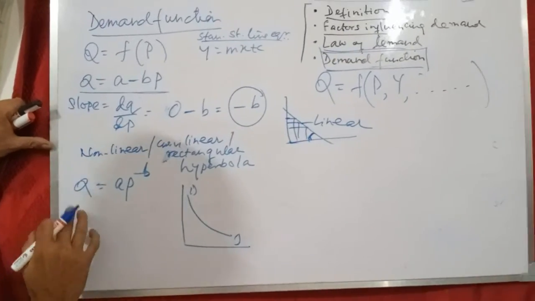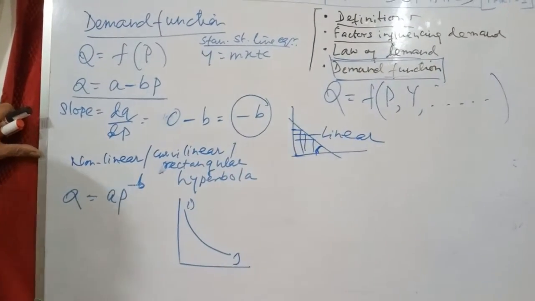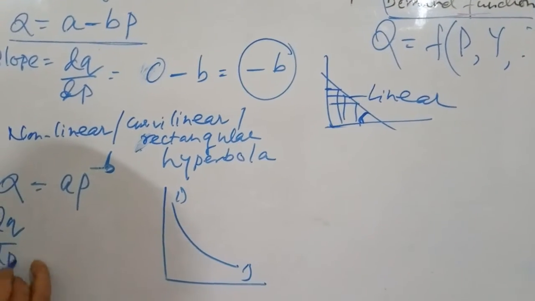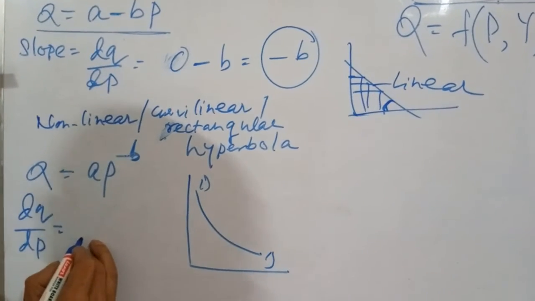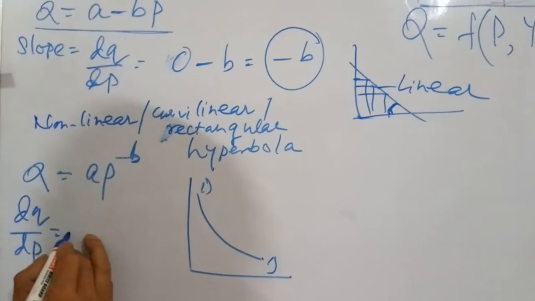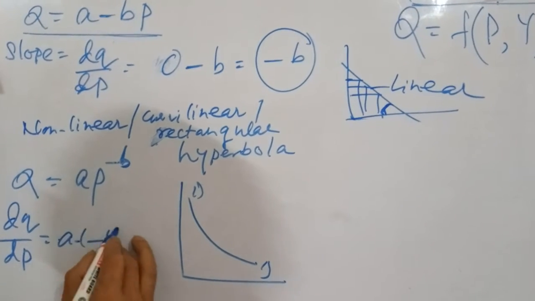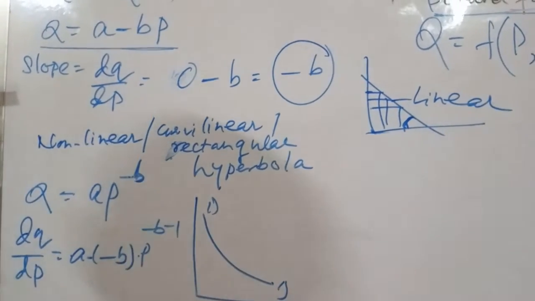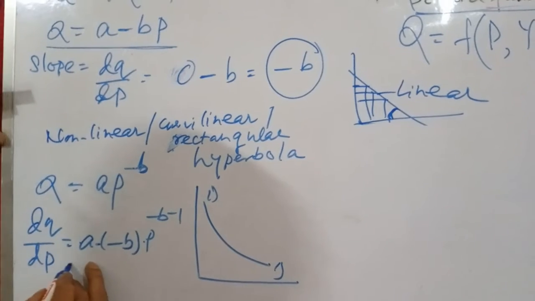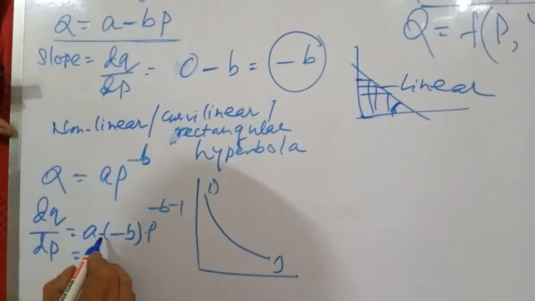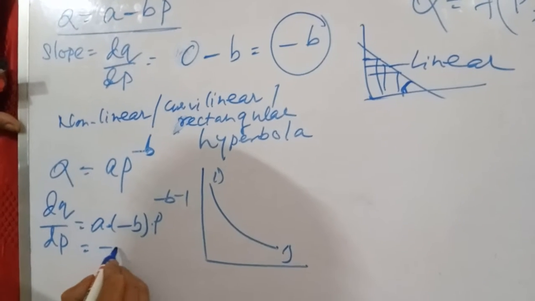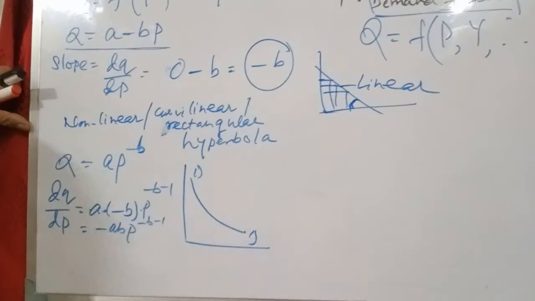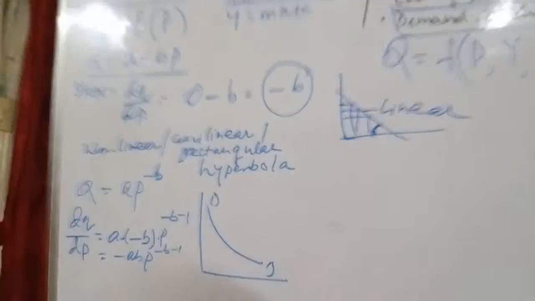Now, if we differentiate Q with respect to P, let us see what is happening. dQ/dP equals A into minus B to the power minus B into P to the power minus B minus 1, equals minus AB P to the power minus B minus 1, correct?